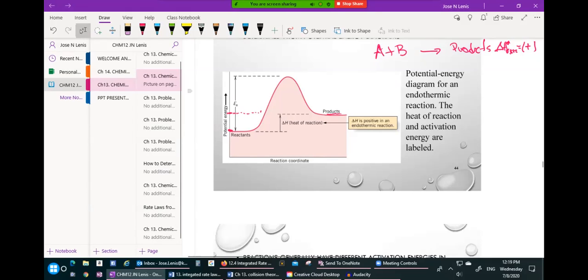But when reactants reach this energetic state here at the transition state, they will start to partially break old bonds and partially form new bonds.